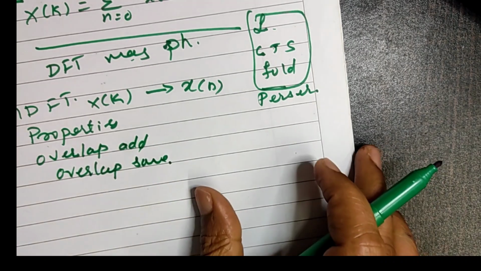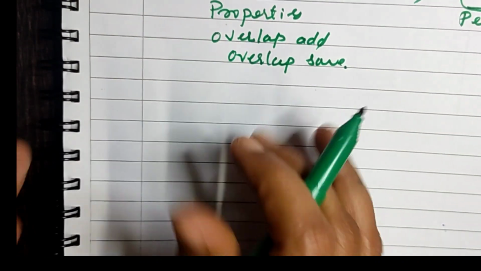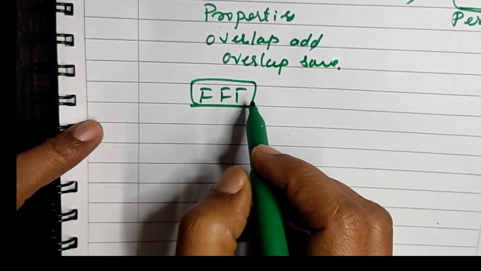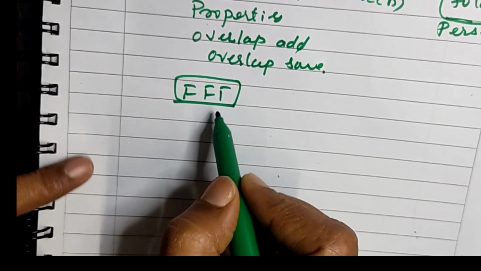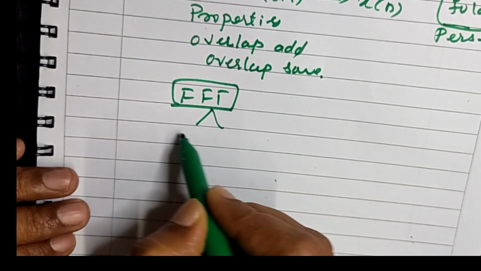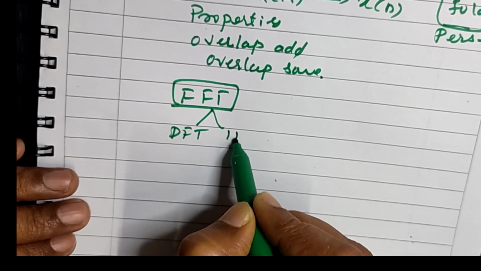So after this, the third module is very easy. You can concentrate if you know the technique behind it. FFT, we always try to prove that FFT is better than DFT. So in FFT we are going to find the DFT and IDFT.